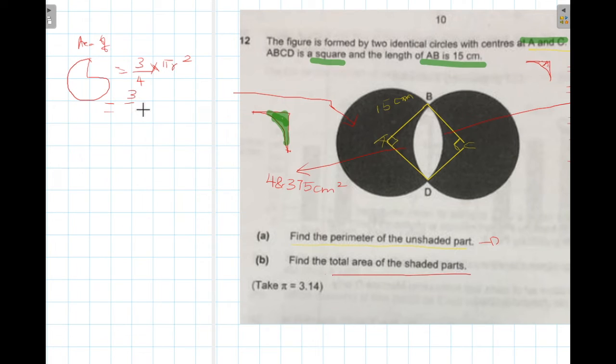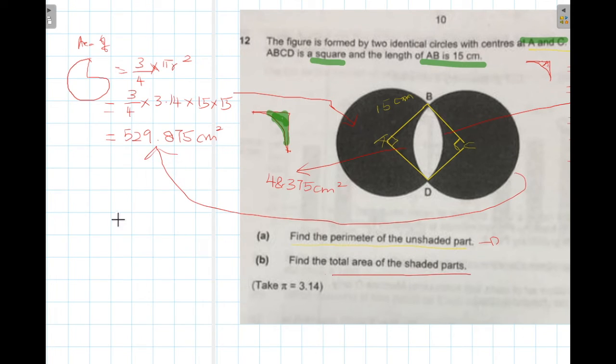So 3/4 times 3.14 times 15 times 15 will give me an area of 529.875 centimeters squared. And this portion here is also the same.